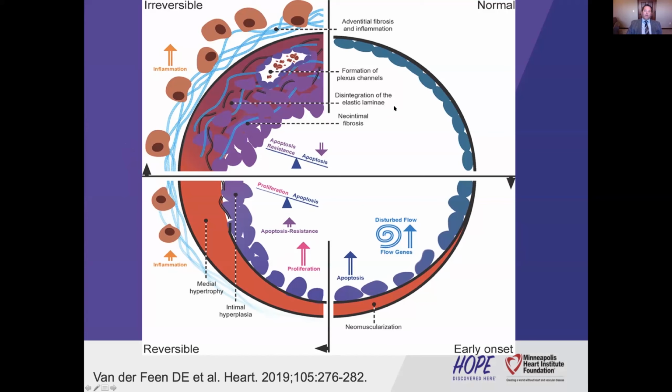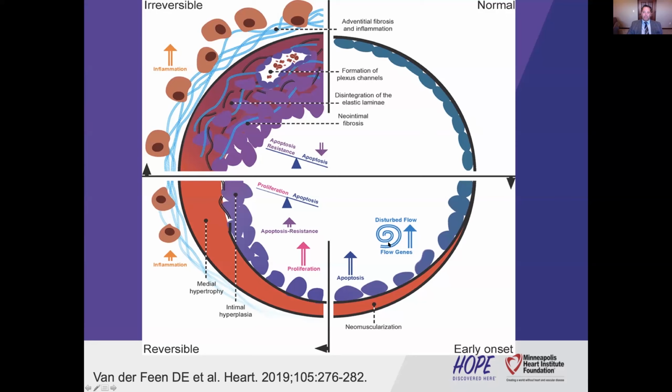And normally there's a nice balance between apoptosis and proliferation, with the lining staying nice and thin to allow for oxygen and carbon dioxide diffusion in and out of the pulmonary arterial endothelial cells and arterioles as they wrap around the alveoli.